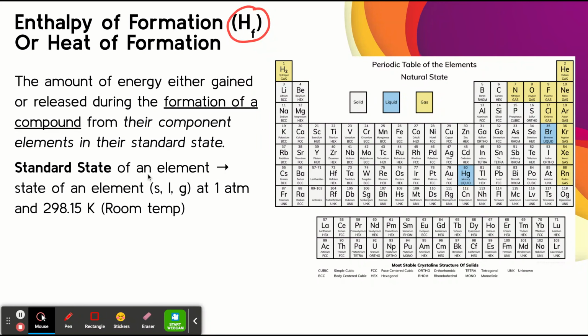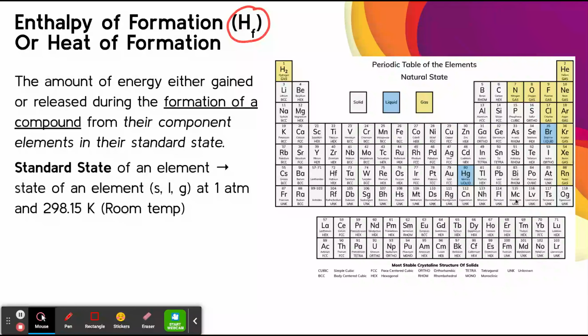So standard state of an element is whatever state of matter, solid, liquid, or gas, that element is at 1 atmosphere pressure and room temperature, which is 298.15 Kelvin. Okay, and so you're going to have access to this table that tells you which state of matter, solid, liquid, or gas, each element is at room temperature and at atmospheric pressure. What you can notice is that the vast majority are solids.